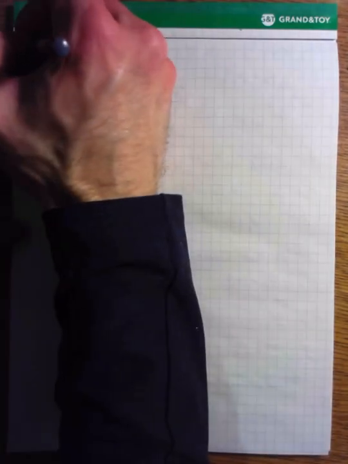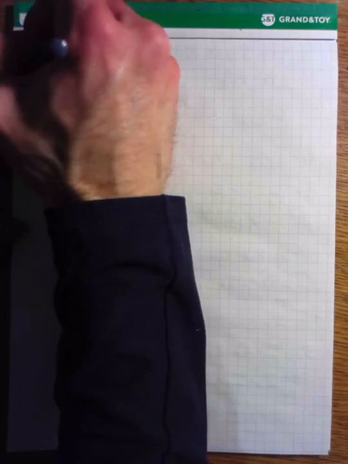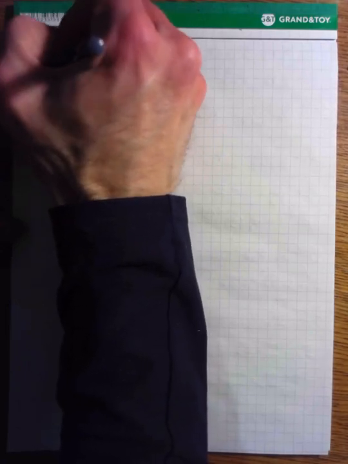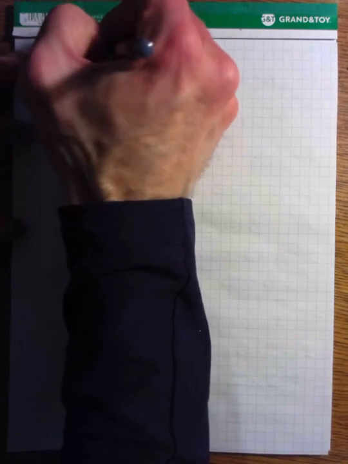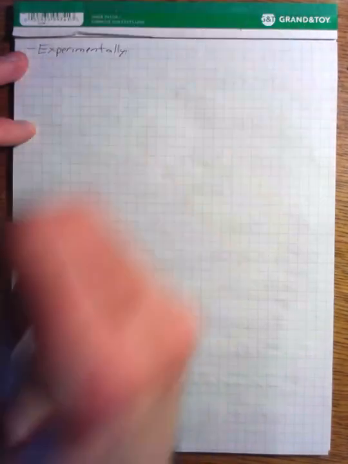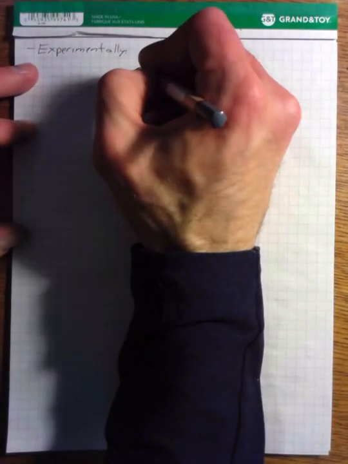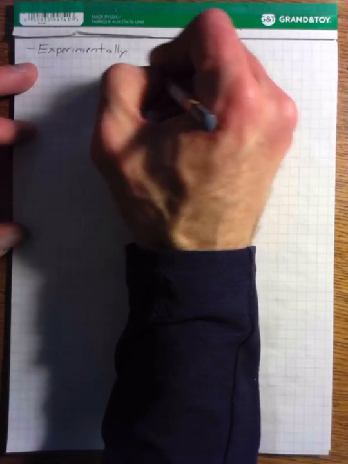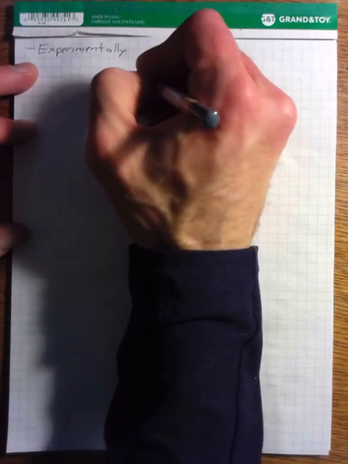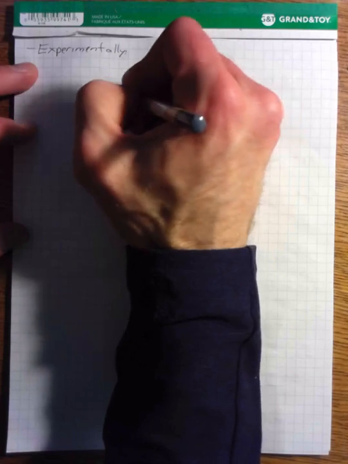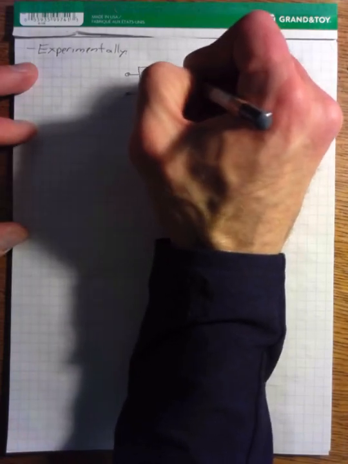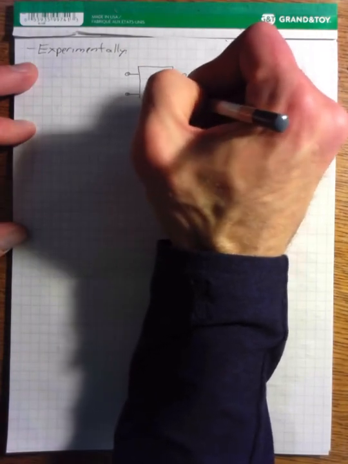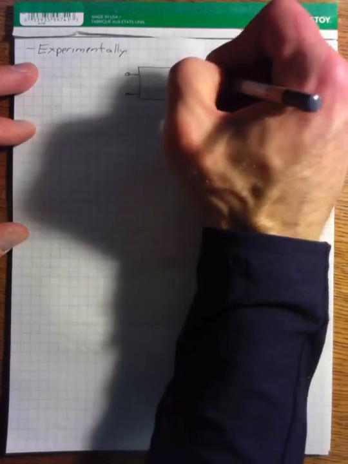And finally, if we wanted to determine the parameter D experimentally, we would set up our lab equipment so that we would short circuit port 2, but we would keep a current meter in there.